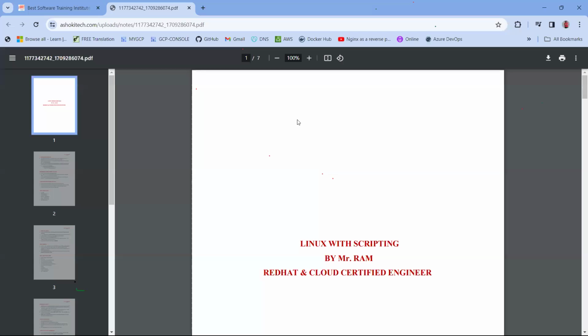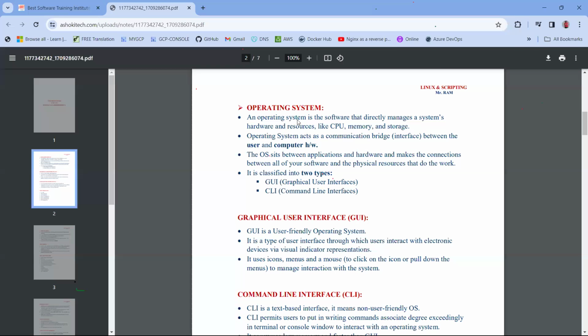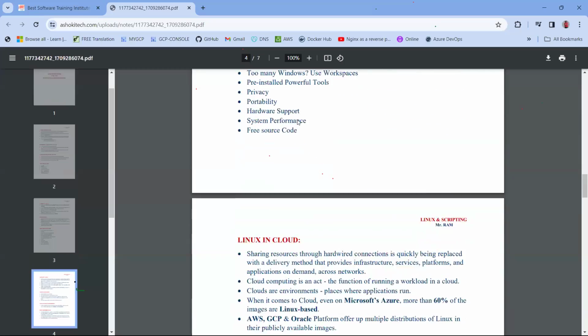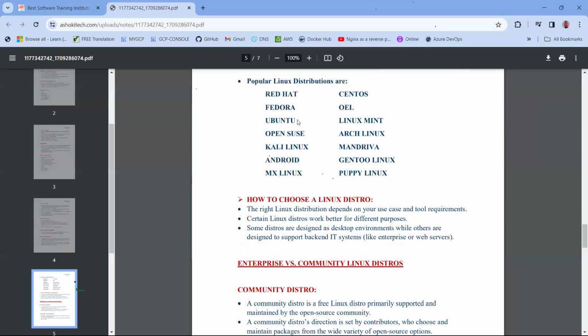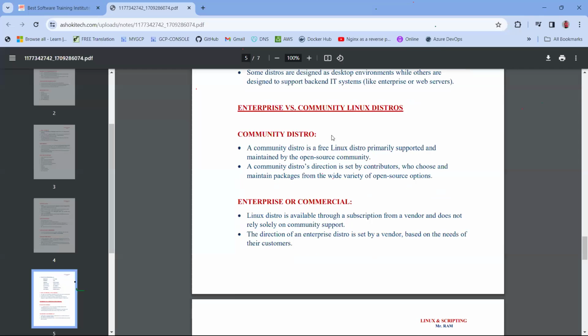This is the first class PDF. See this, everything is excellent in the PDF. Please read each and every point. The points are very clear. See what is Linux? Linux in cloud computing, Linux innovation, Linux distributors. What are the popular distributors? What is meant by enterprise versions and community editions?